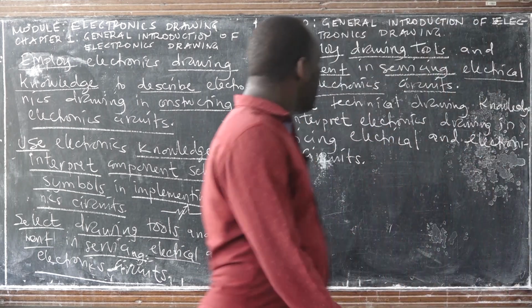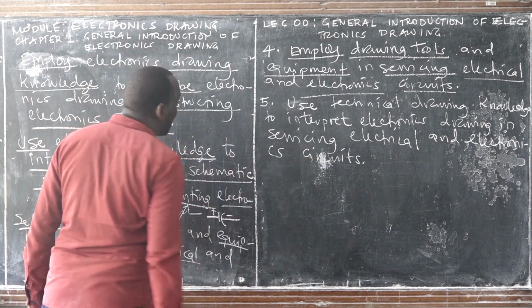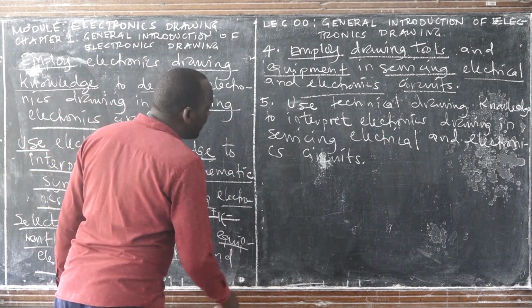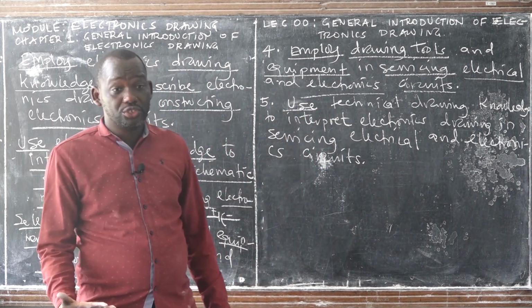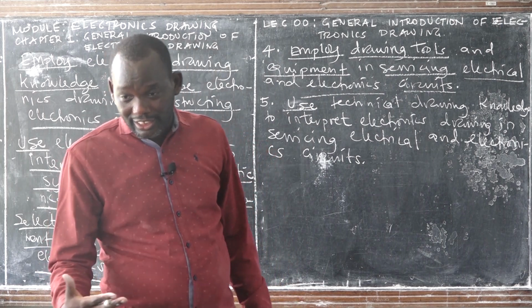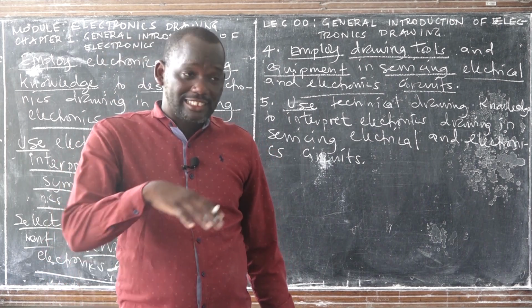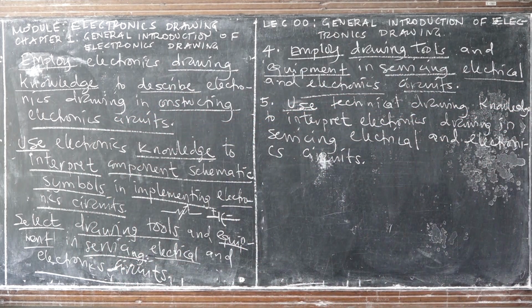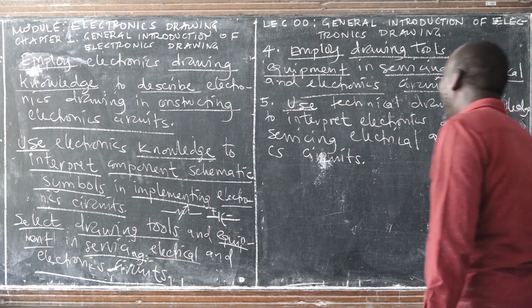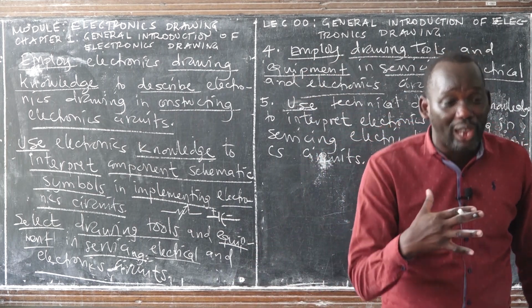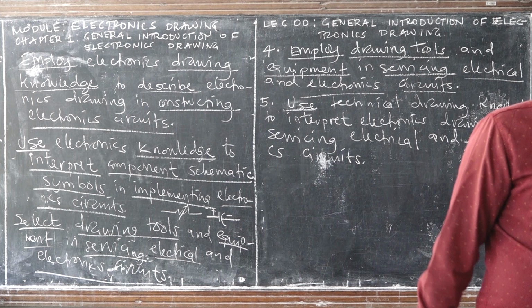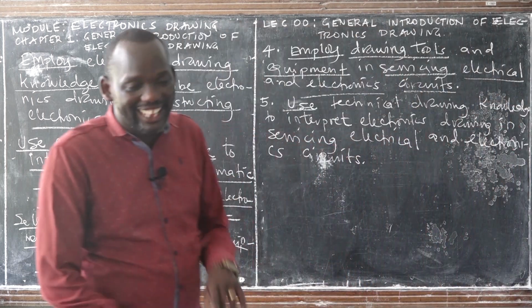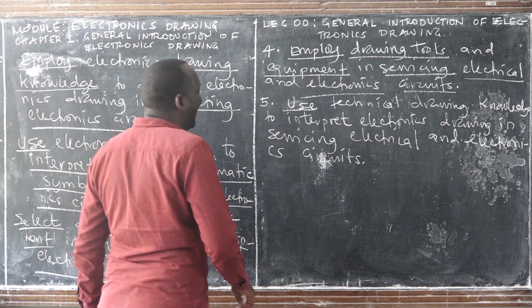Okay, now we say that we are in 5 sub-enabling outcomes. So the keyword is what? Use. Say use. And tell your neighbor the translation of use in Swahili. There are some students here who are good in English but poor in Swahili, and many students who are good in Swahili but poor in spoken English.